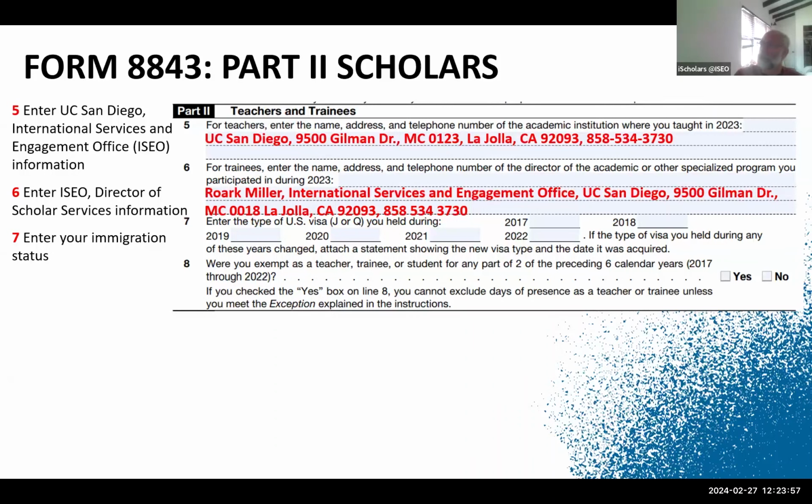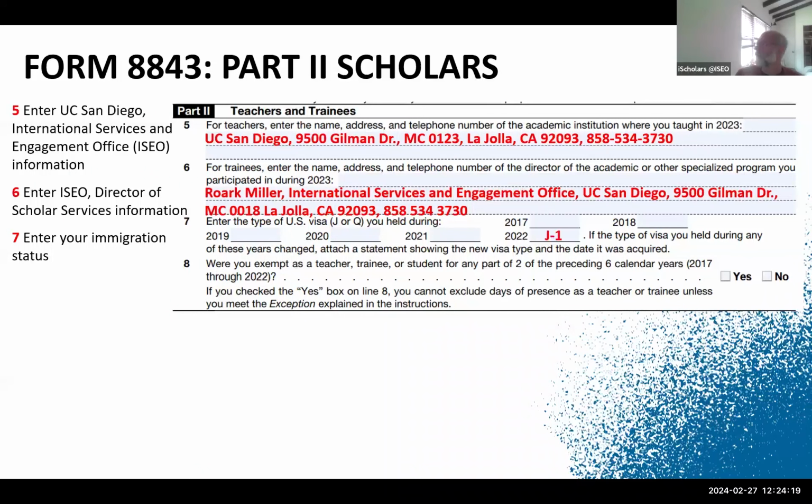And then for question 7, you're going to indicate in this period, the 6-year look-back period, what types of non-immigrant status, so not your visa stamp and your passport, because you could have multiple visa stamps, right? But they want to know the status that you were present in the United States in.